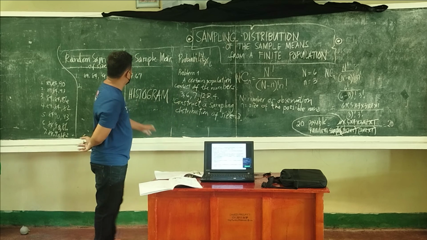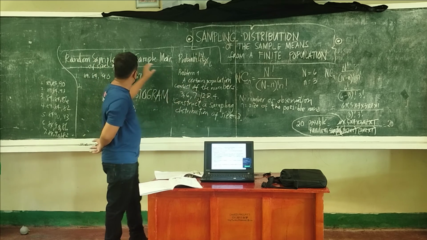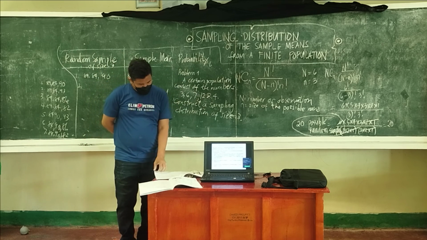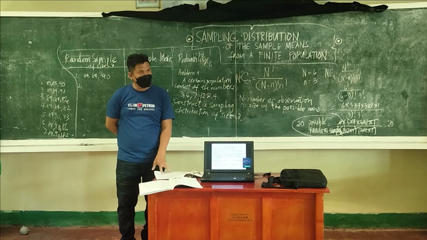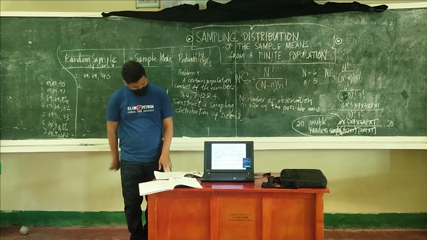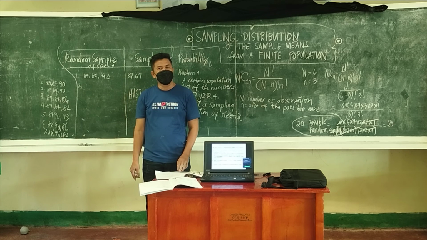Meaning you are going to find the possible samples and get the mean. Another, construct the sampling distribution of the sample mean. Then draw a histogram of the sampling distribution of the mean. I will give you 5 minutes to answer that.